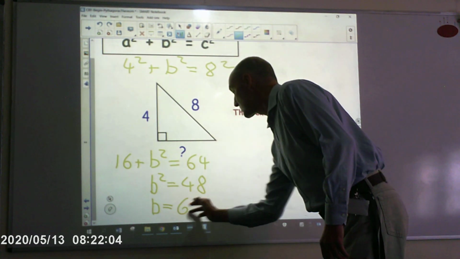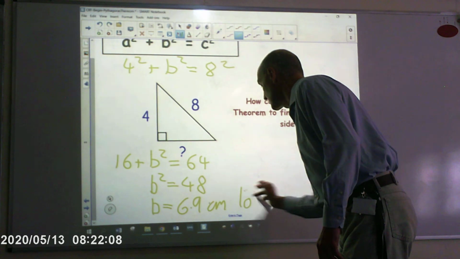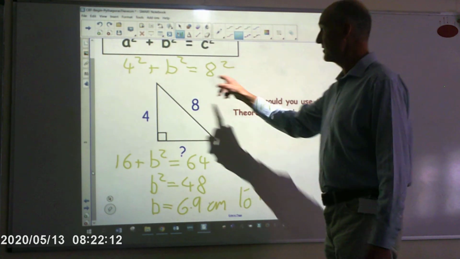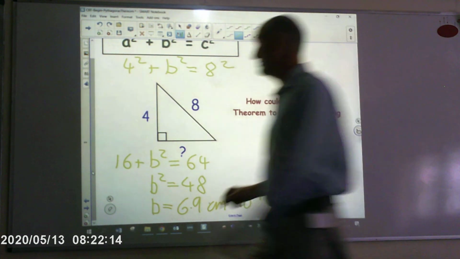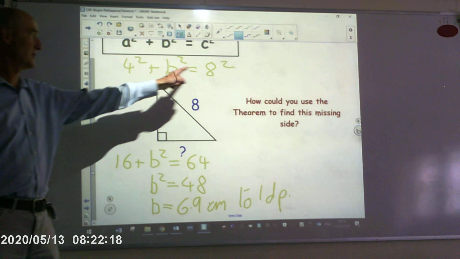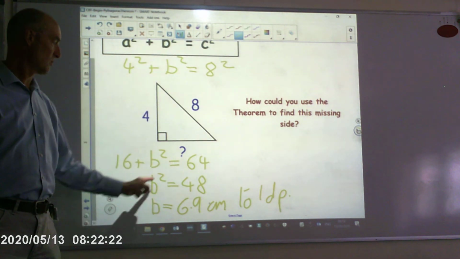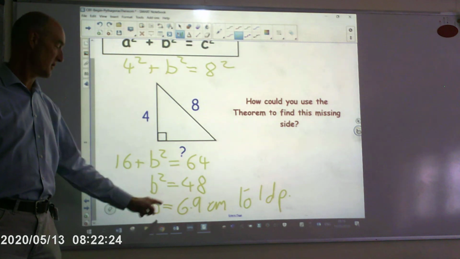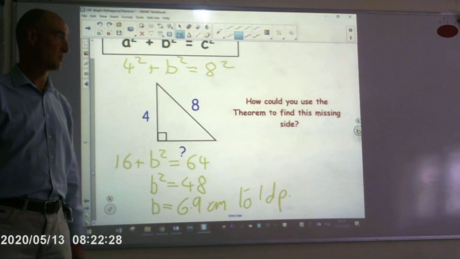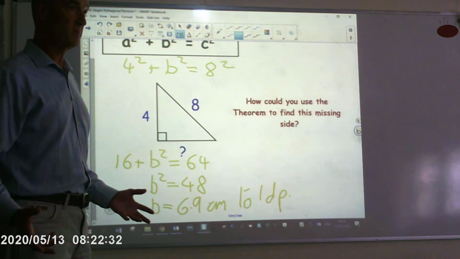So 6.9 centimetres to one decimal place. So what we've done there, what do we know? We know a short side. What do we know? We know a long side. We're trying to find our other short side. So we just work out our equation, which gives us a solution for b, the short side that we don't know, 6.9. Fundamentally, ladies and gents, that is all there is to Pythagoras.